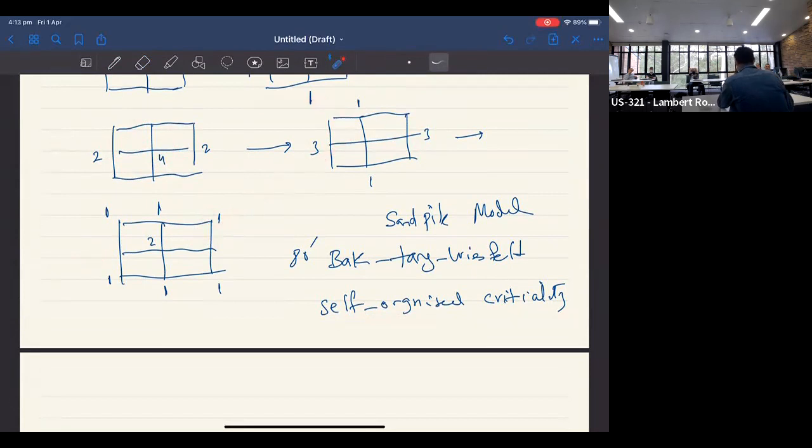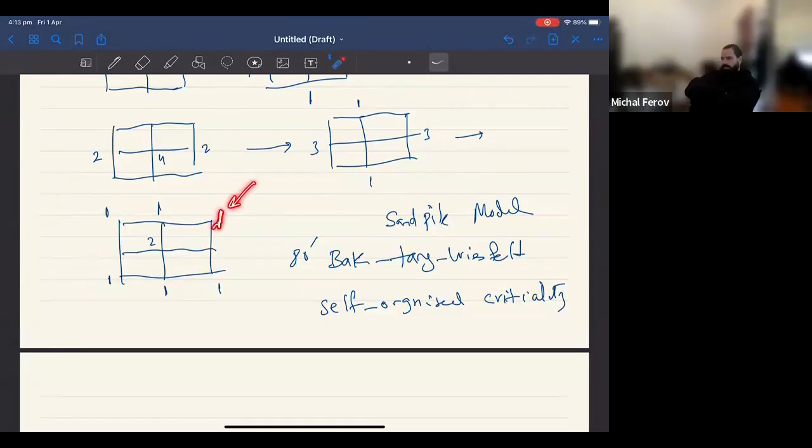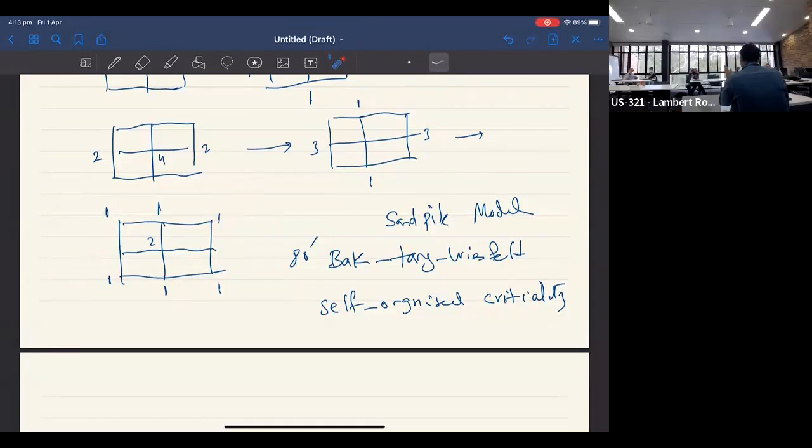Criticality means, and this they don't prove, they just tell you, that this is stable, but it's barely stable, meaning if I just add 1 more grain here, this becomes unstable, fires, and maybe there will be a domino effect, and then a lot of things would happen. Okay? So as you see, it's stable, but if I just add a little thing, it becomes unstable. So criticality means that it goes up to its critical point, and then it's stable.